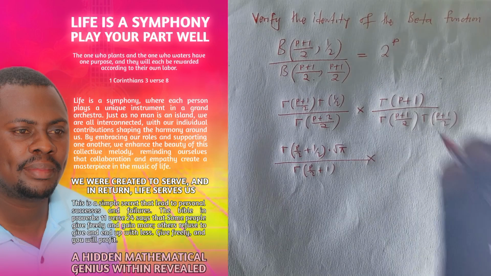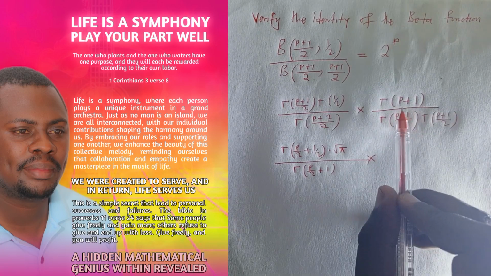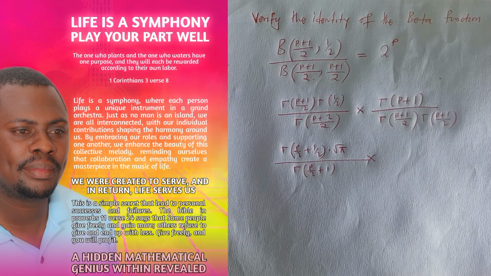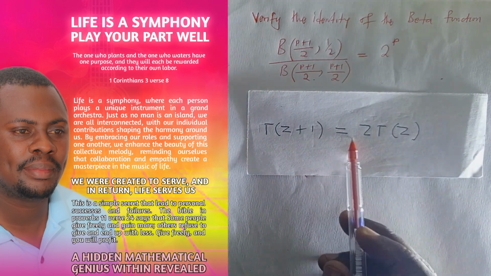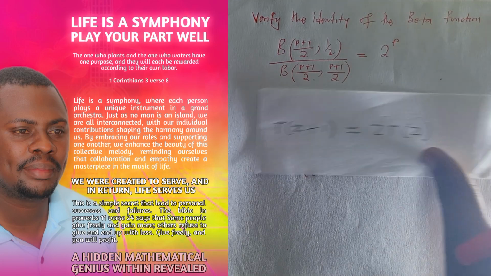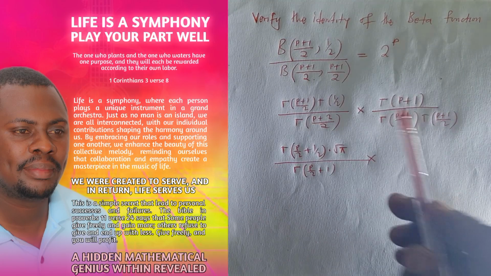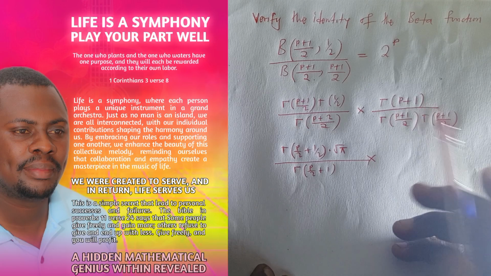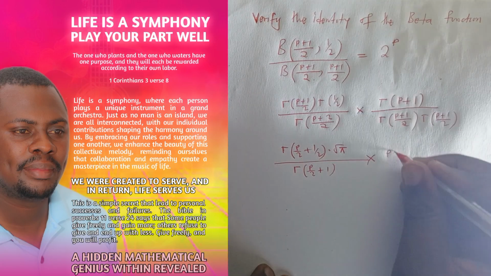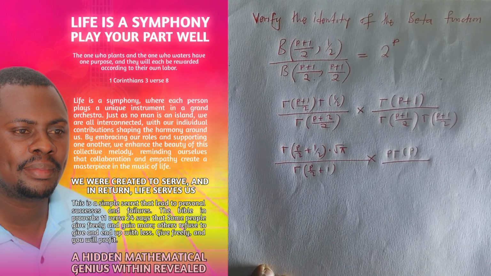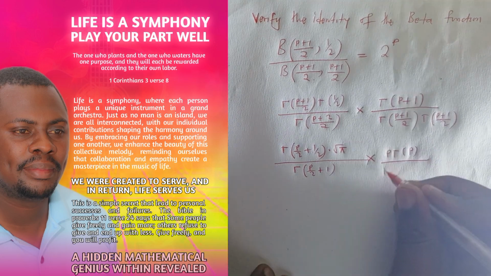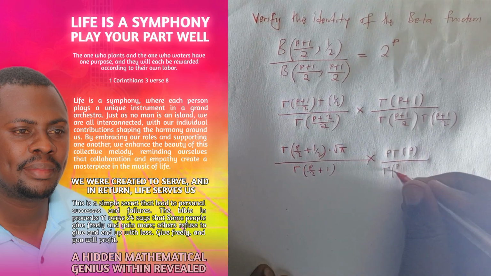Then multiply by, here where we have gamma of p plus 1, I believe you remember this property, gamma of z plus 1 is equal to z gamma of z. So here we have gamma of p plus 1, so it will give us p gamma of p over, here we are going to have gamma of p over 2 plus 1 over 2.